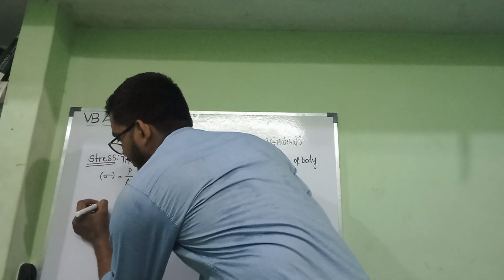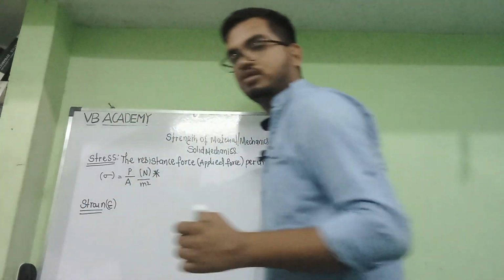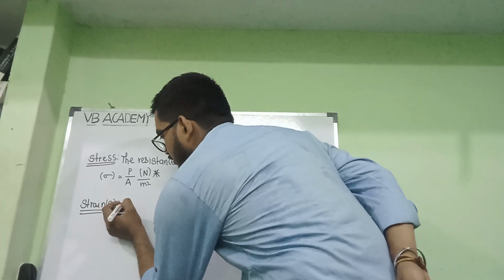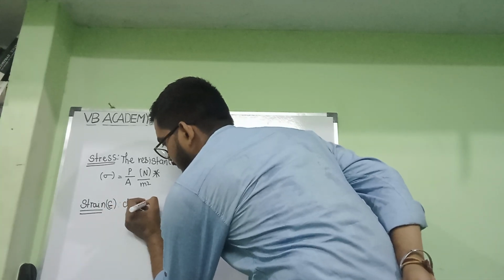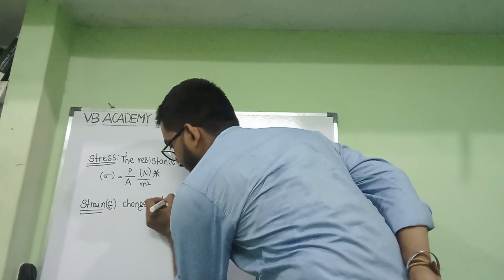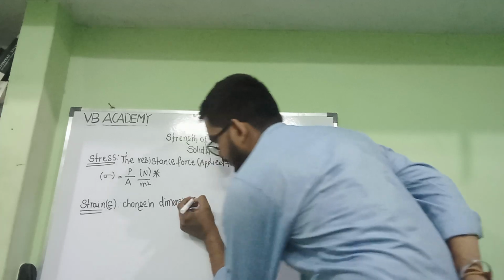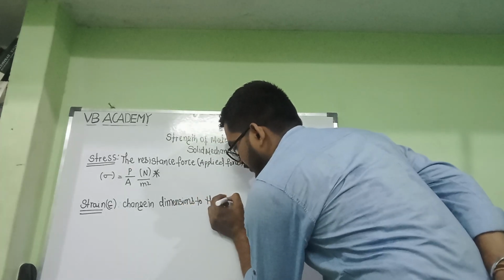What is strain? This is denoted by epsilon. Strain is the change in dimensions to the original dimensions.